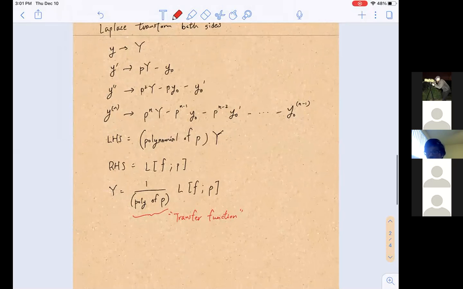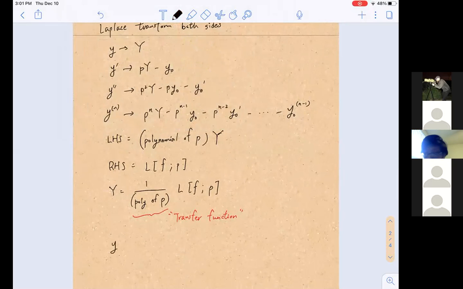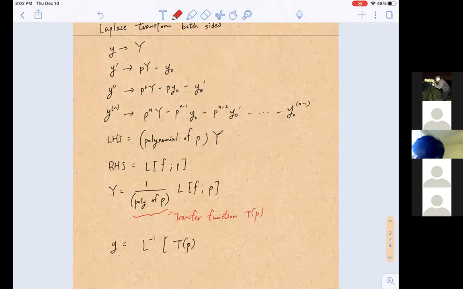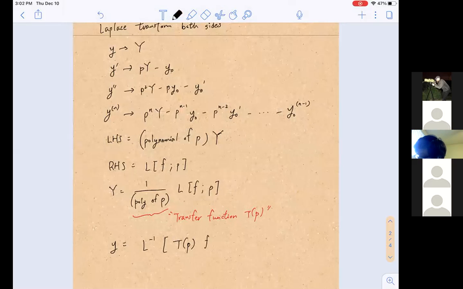And so finally, little y, which is the original thing we're trying to solve, is the inverse transform of this transfer function, denoted as T of p, times the Laplace transform of f.